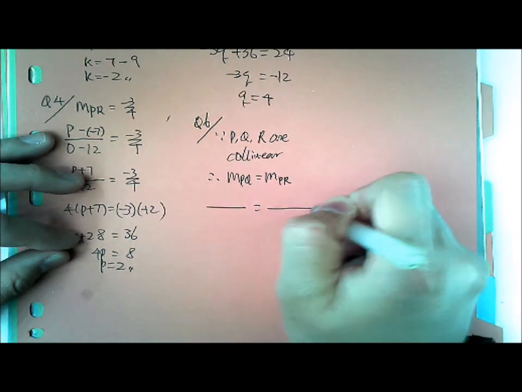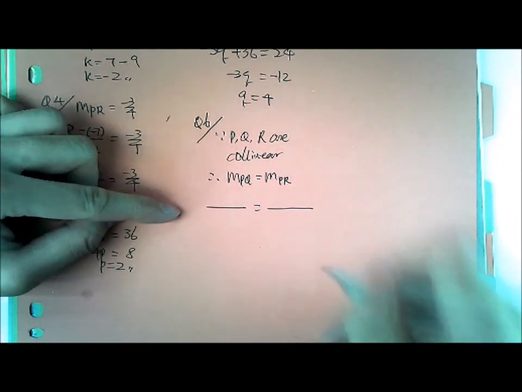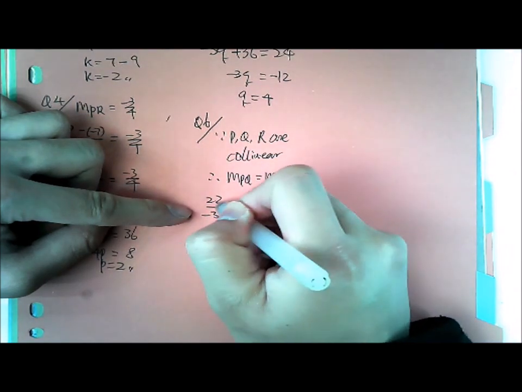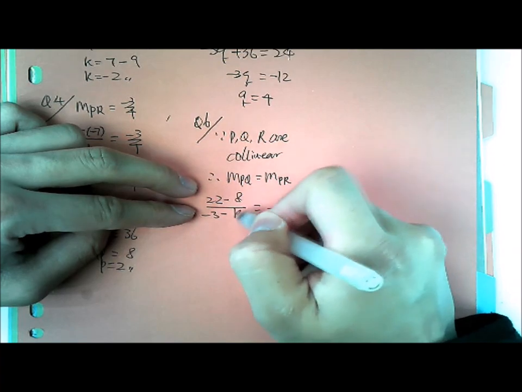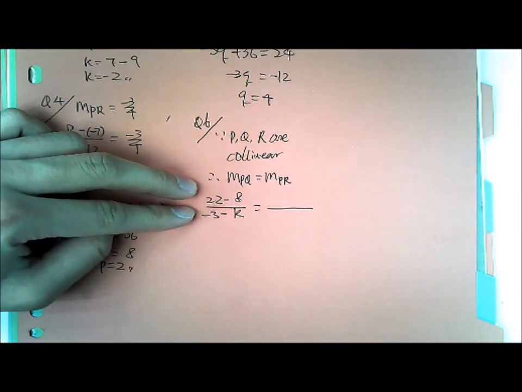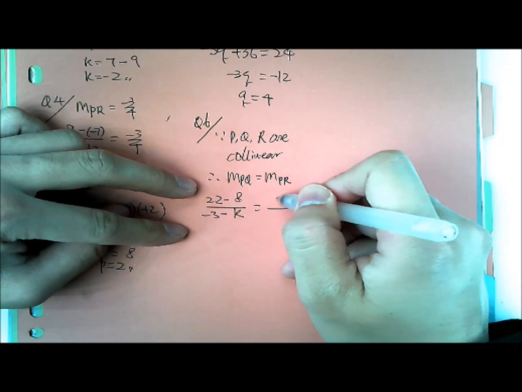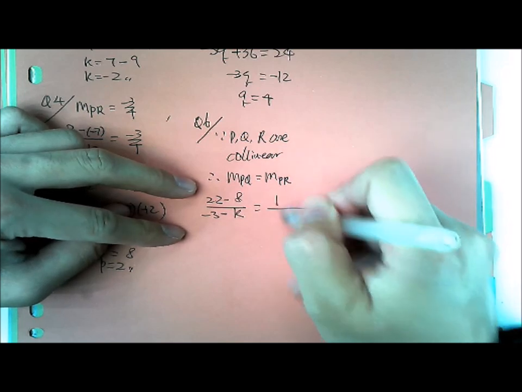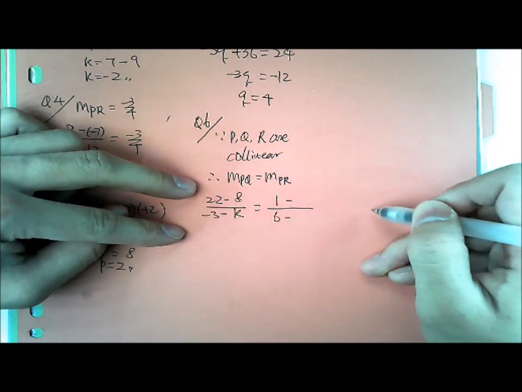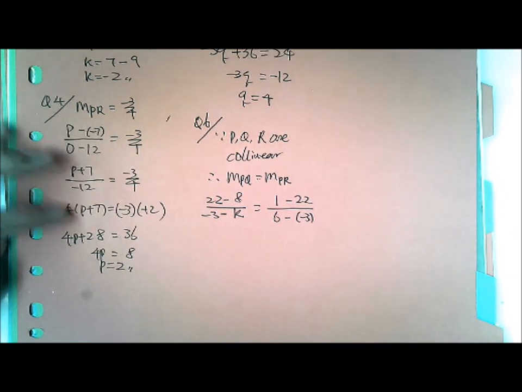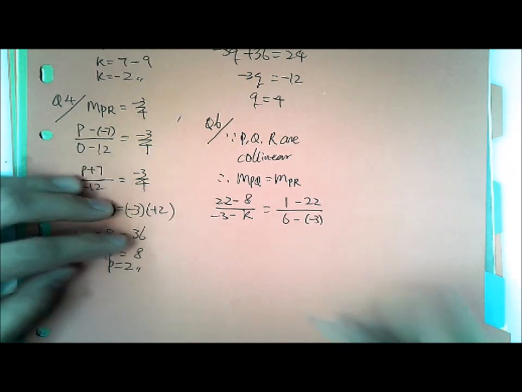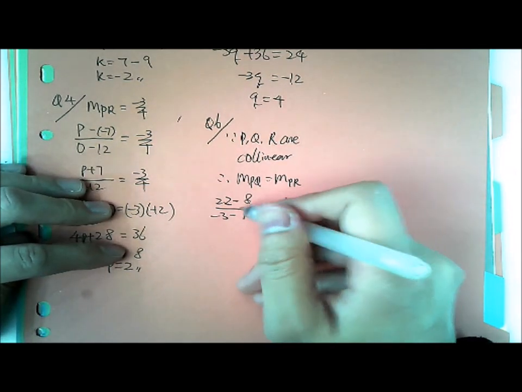So the format is the same. For the P, 22 minus 3 here, write the minus sign. And then for the Q, 8 and K, understand? And then for PR, you write this is 1, this is 6, minus, and then here is 22, and then negative 3, understand? Before you do the cross, simplify first.